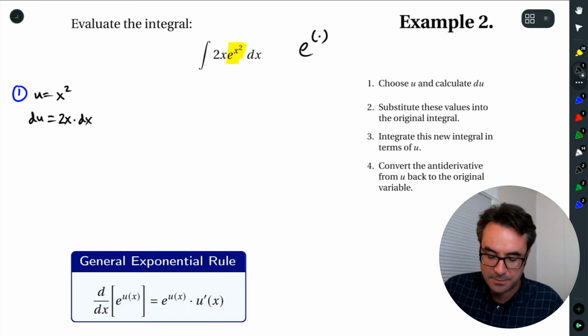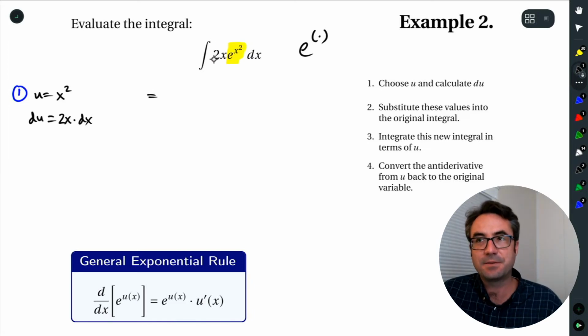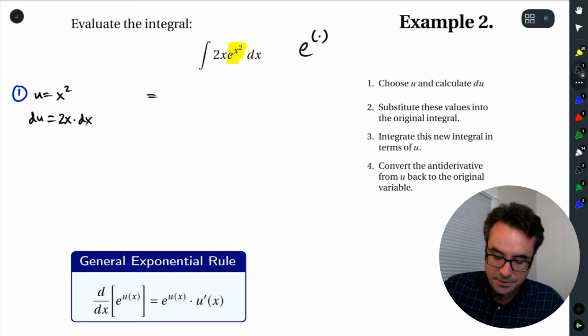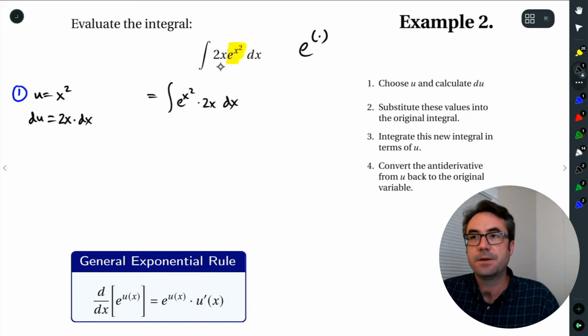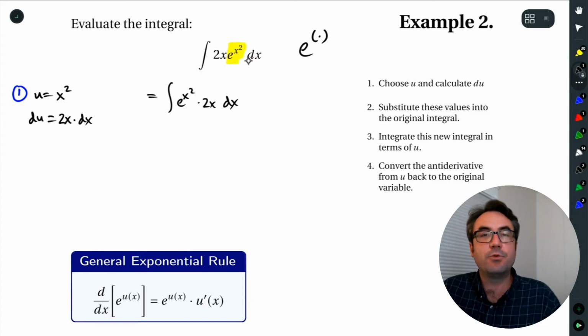So it can be helpful to take this 2x, the least complicated piece, and move it next to the differential. Again, this is not absolutely necessary, but it can be helpful. So I'm going to take this 2x and move it next door to the dx.